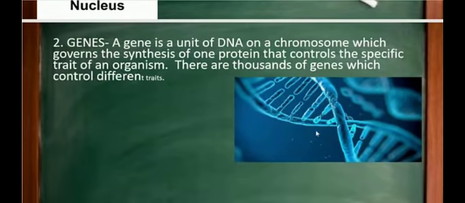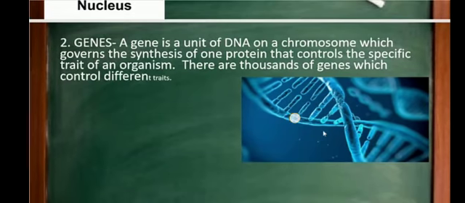Then comes the genes. A gene is a unit of DNA on a chromosome, which governs the synthesis of one protein. What does a gene do? It governs the synthesis of protein that controls the specific trait. So it controls that trait of the parent, and it is transferred to the offspring.